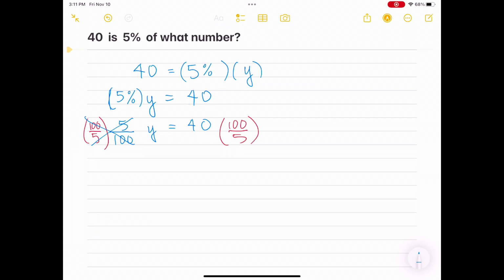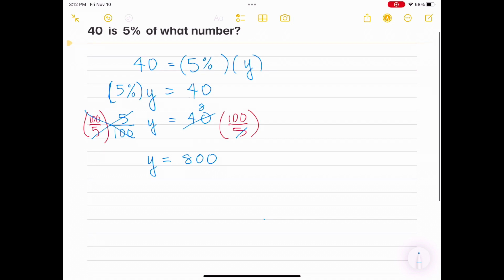Now on the left-hand side of the equation, the reciprocals multiply to equal 1 times y, or we get y by itself. And on the right-hand side of the equation, we simplify. 5 goes into 40 8 times, so now we have 8 in the numerator times 100, which equals 800. Y equals 800, or 40 is 5% of 800.